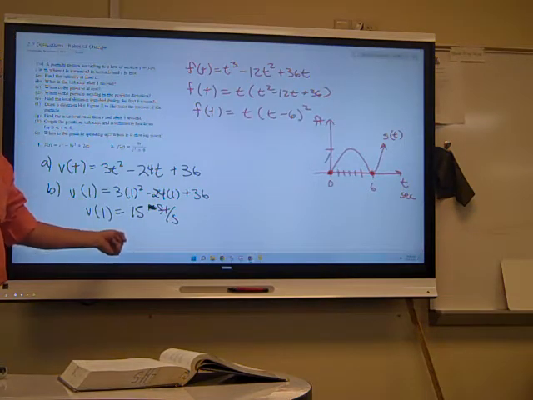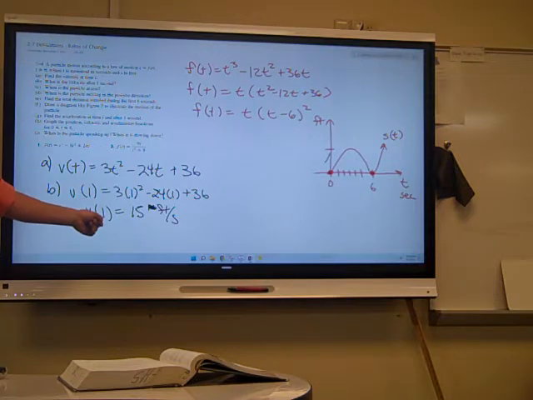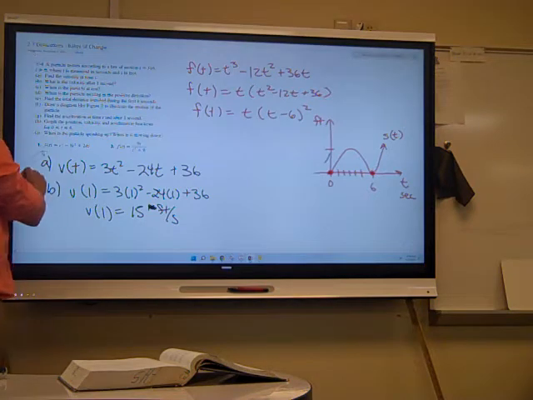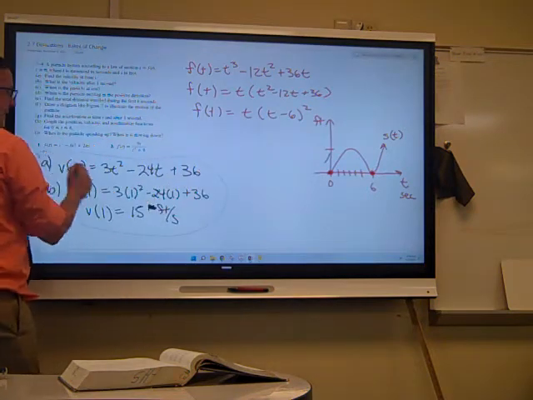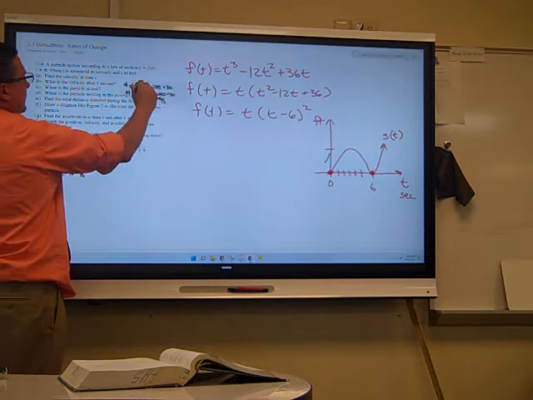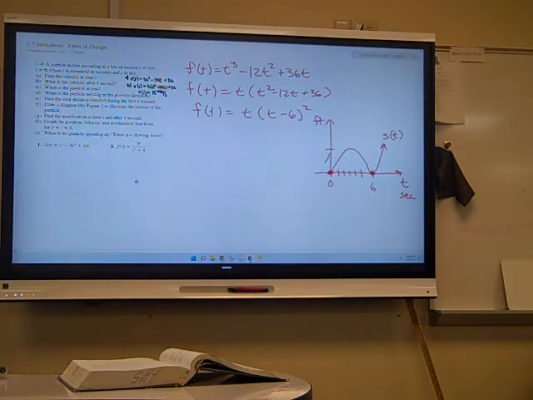You guys agree? You just got to know. Up here it was feet and it was seconds. Velocity's got to be feet per second. All right? So velocity after 1 second is feet per second. All right, we've got letter A and B. What's next? Letter C. Everybody, when is the particle at rest?